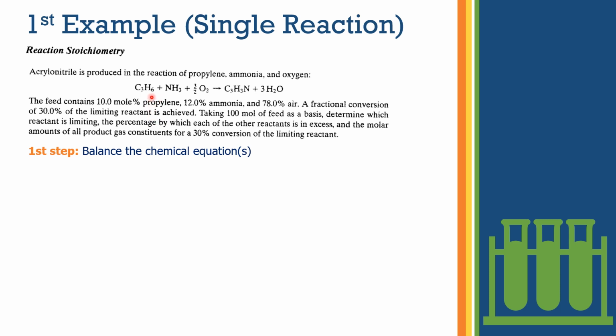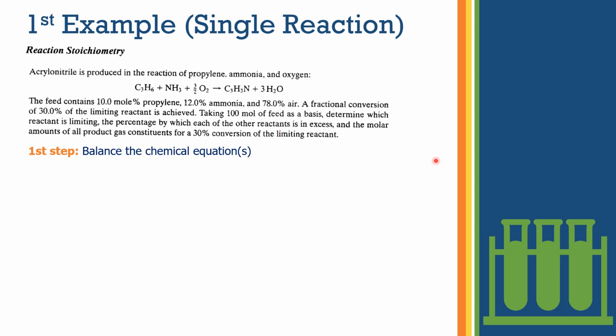Hydrogen, here we have 6 and 3, this is 9. Here we have 3 and 6, also 9. So hydrogen is balanced. Nitrogen, here we have just 1 and here we have just 1. This is also balanced. Oxygen atoms, we have here 3, 1.5 multiplied by 2, and here we have 3. So the equation is balanced.